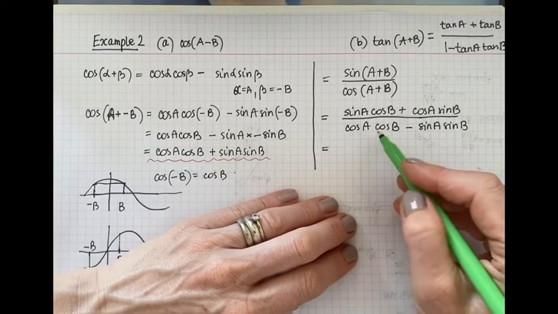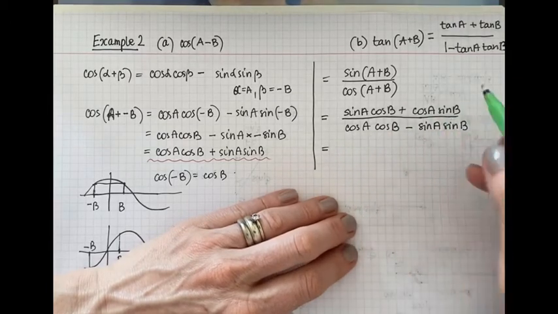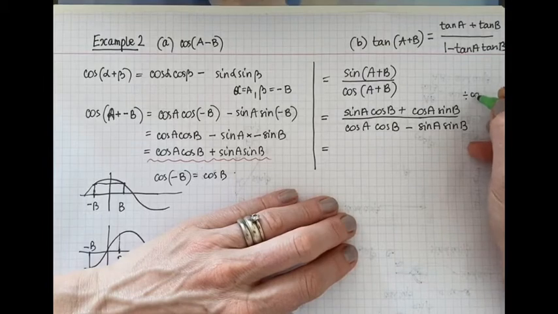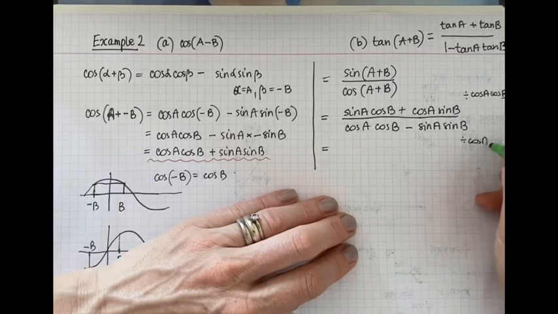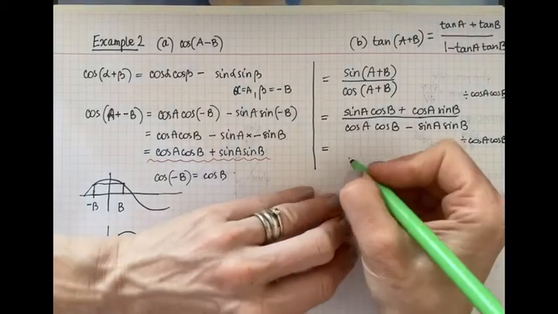You can only do it by dividing by cos A and cos B. So that's what we are going to do. Cos A cos B is going to be our dividing factor of the numerator and the denominator. So whatever you do to the top, you must do to the bottom.